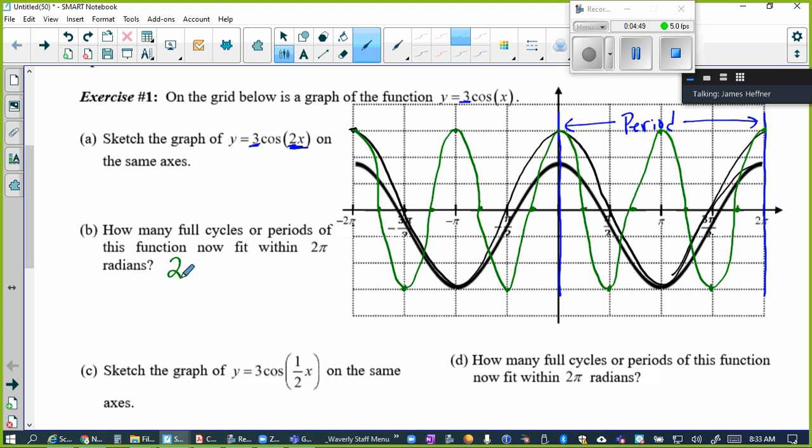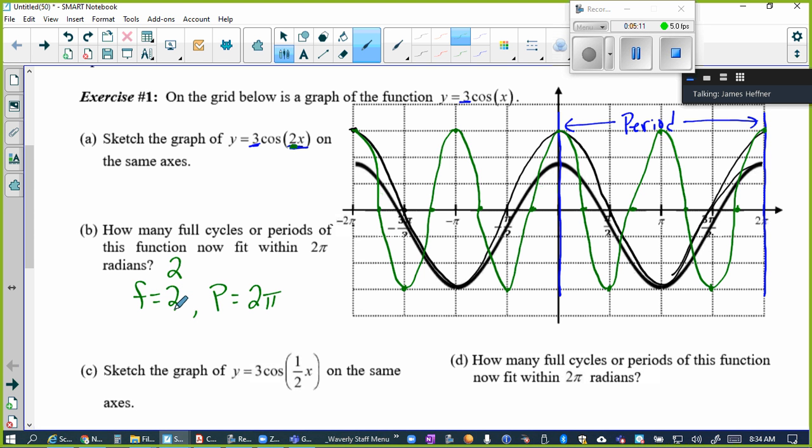So that means that the frequency f equals 2. And the period is the same. It's still a period of 2 pi, that distance from 0 to 2 pi. Does that make sense? So we doubled the x's in here, which means we doubled our frequency.